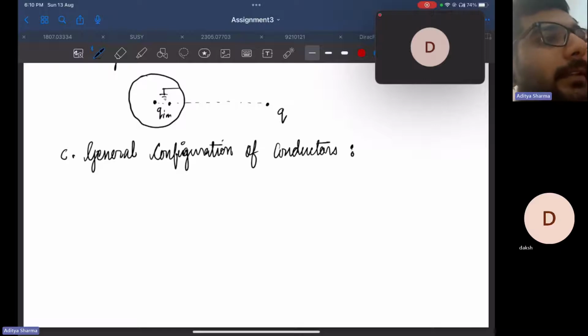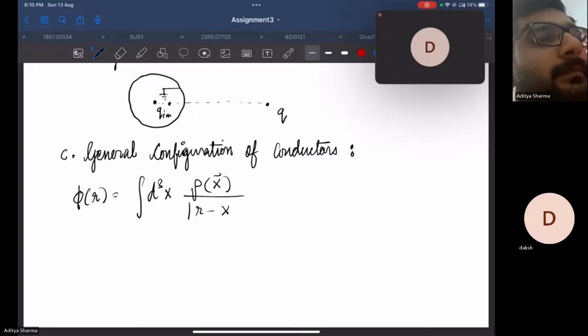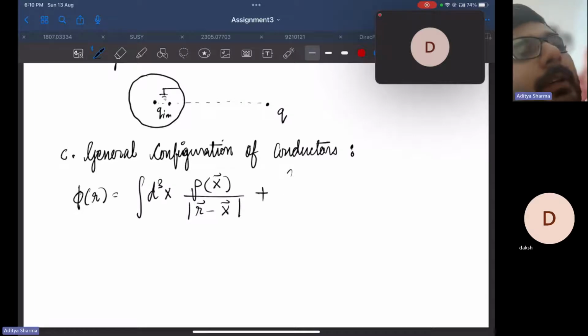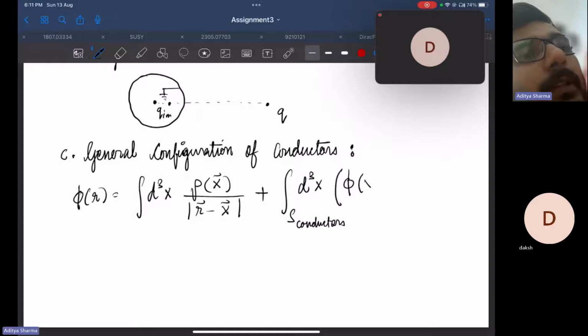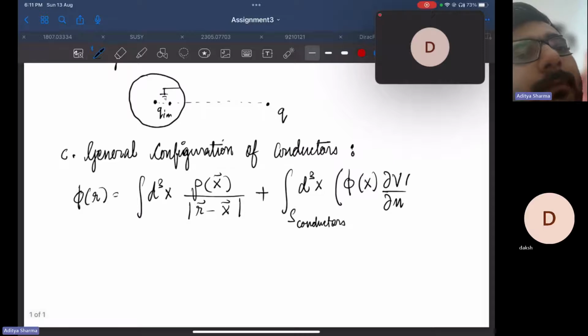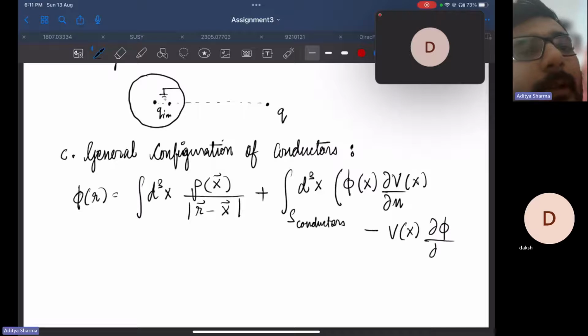It was found that the potential looked something like this Coulomb potential plus an integral over the surface of the conductors times the potential at those places, times the normal to the surface, minus, am I right?